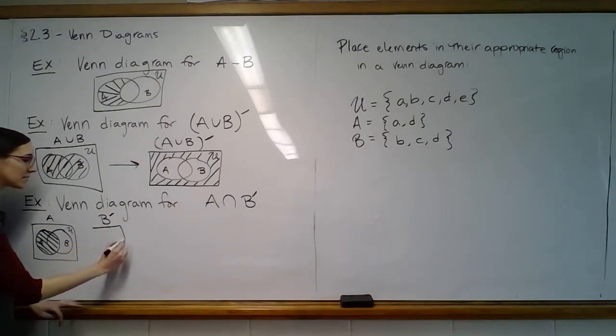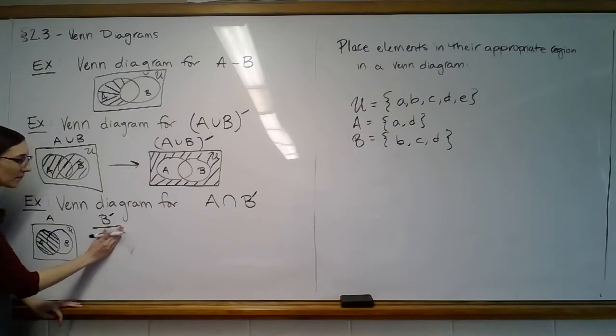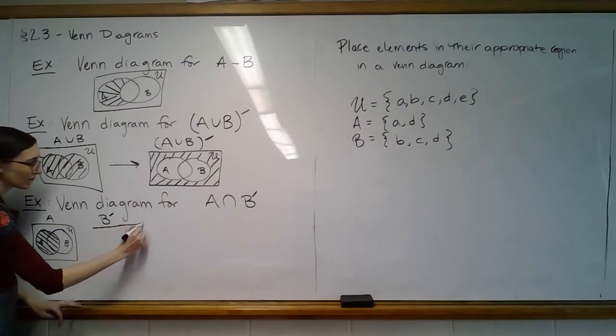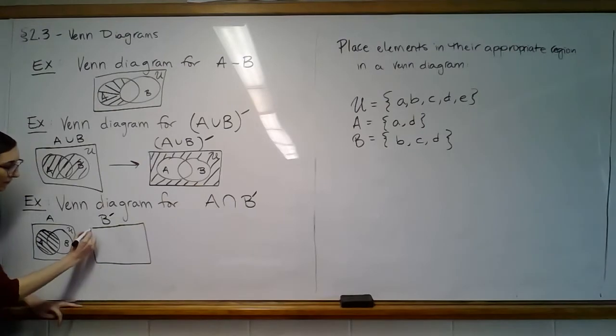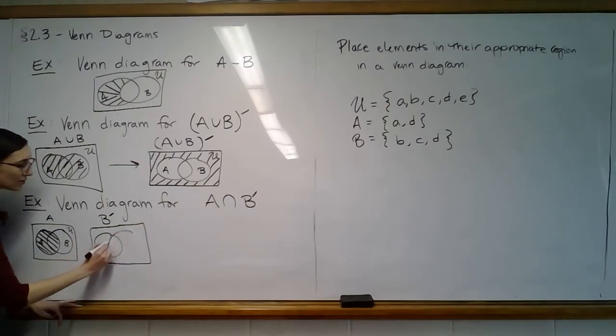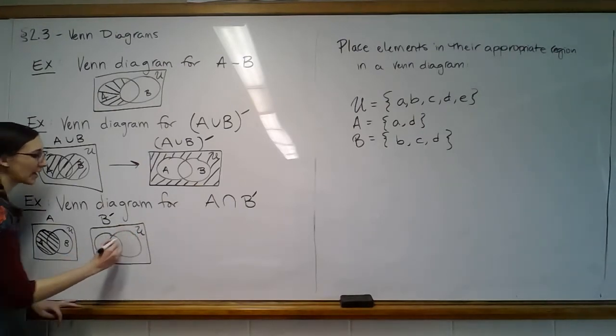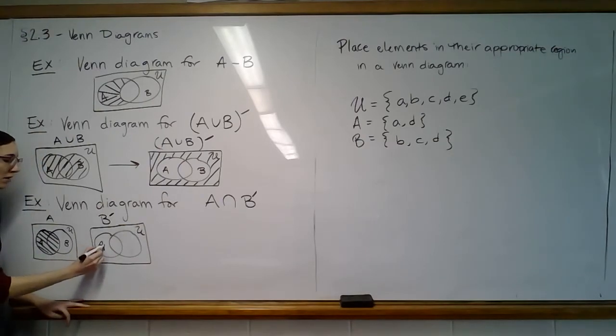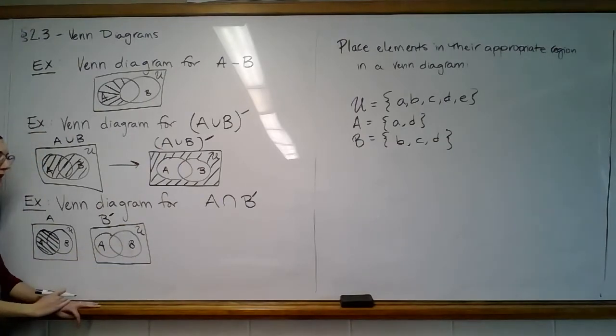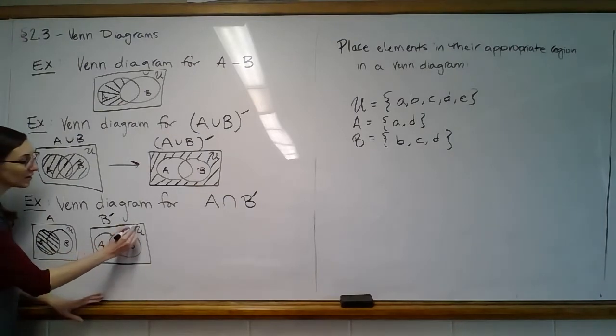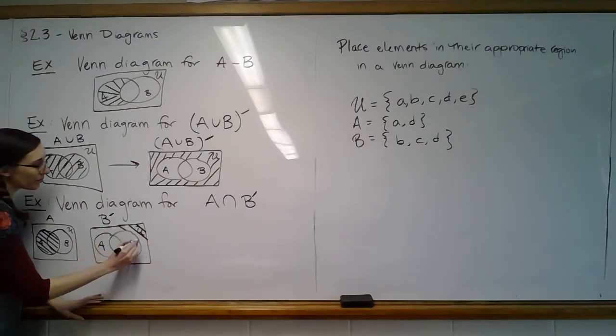Now, let's do one for B complement. Again, let's do two circles since eventually I need to combine the two, so the A and the B. Remember, B complement, like we talked about in our other example that was in the worksheet, we want everything outside of B. And that includes all the things outside of B, which includes the box.